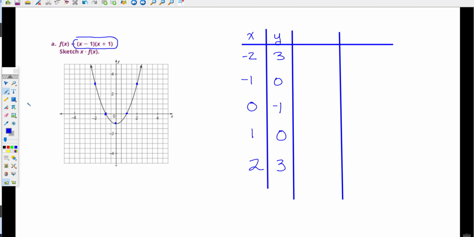What are we multiplying that by? What does it say that we're going to multiply it by? X. So that's going to go here. So it wasn't really hard on this one. Oops, it's supposed to be a 2.